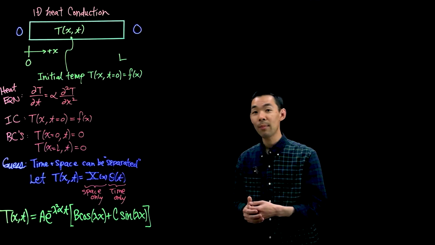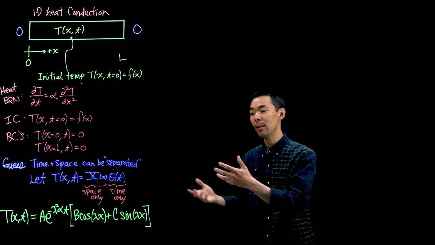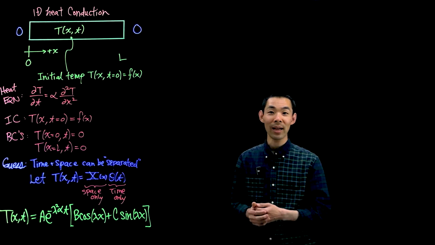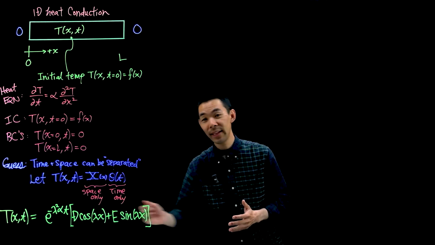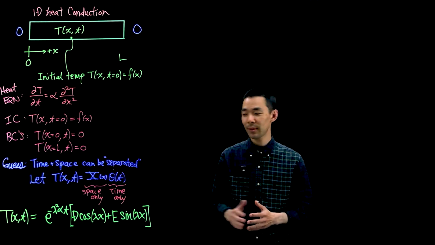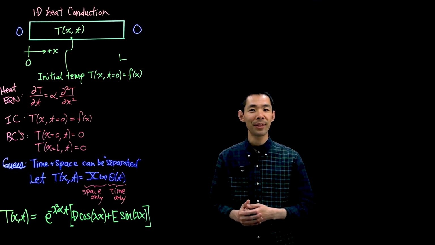So a times b is still a constant, a times c is still a constant. So I'm just going to rewrite it and absorb the constants inside the bracket. All right, so I've just called them d and e instead. So d would just be a times b, e would be a times c.